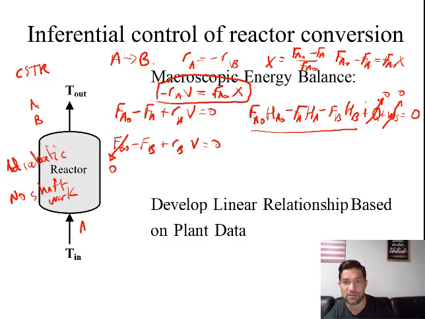We can say FA equals FA0 minus, or we'll use this term right here. We're going to take this term and solve for FA. So if we solve this for FA, we have FA equals FA0 plus RAV.